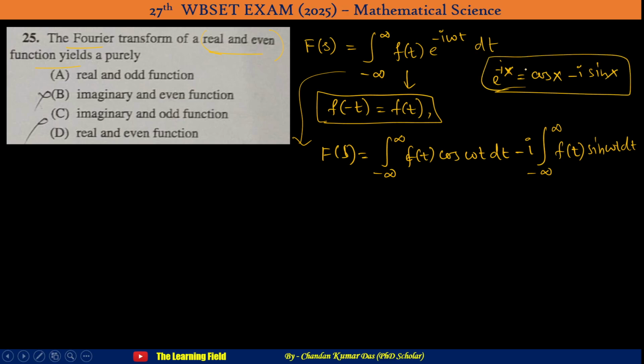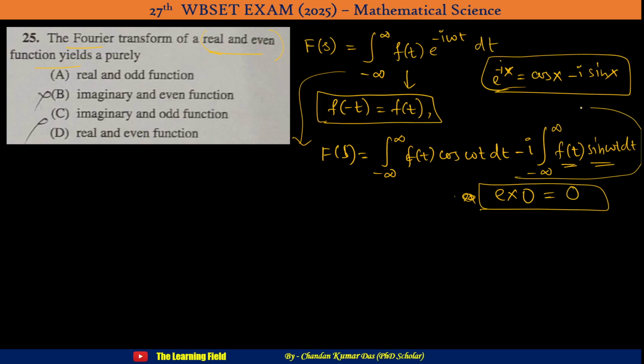Okay, now f(t) is even function, but we know that the sine function is an odd function, and the product of even function into odd function is clearly an odd function. That means this whole function is an odd function. That means what happened?